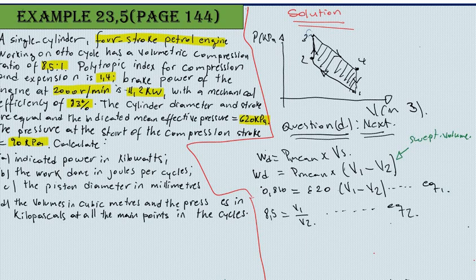So now I need to solve this simultaneous equation, so that I can see that we have two equations with two unknowns. The unknowns are V1 and V2. So how to solve it? Let me make V1 subject of formula from the second equation.